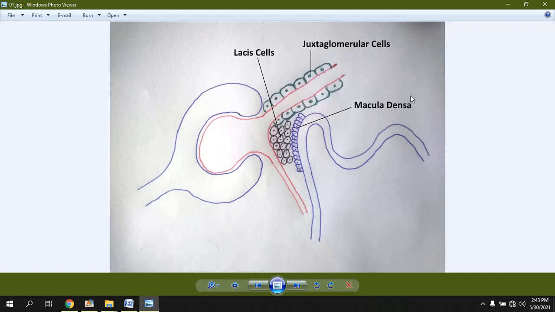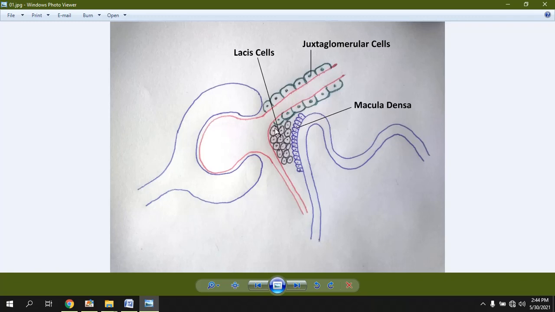Macula means spot and densa means dense. So if you observe the distal convoluted tubule or nephron microscopically through an electron microscope, you will be able to see the dense spot at this point, and this dense spot will represent the macula densa. This side of the distal convoluted tubule is highly packed, and these are normal cells, just like the cells on this side, but these cells are densely packed. That's why these are called macula densa.